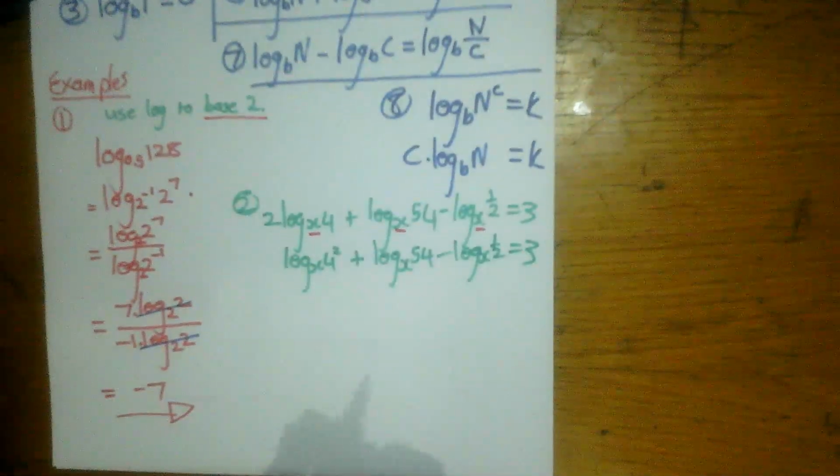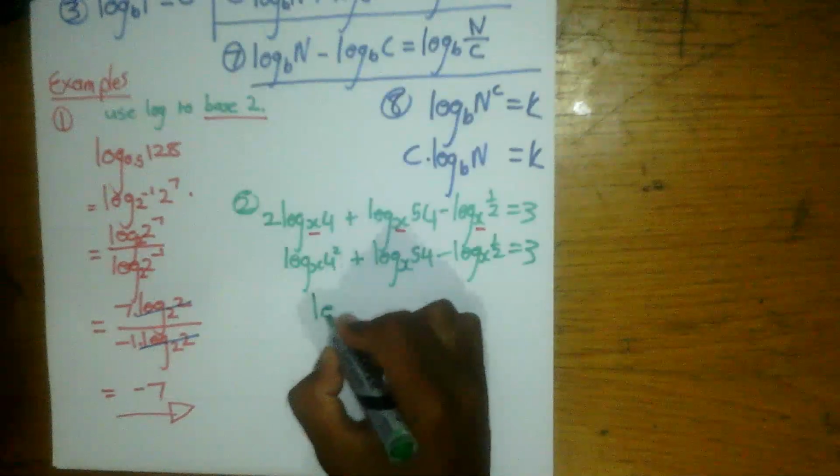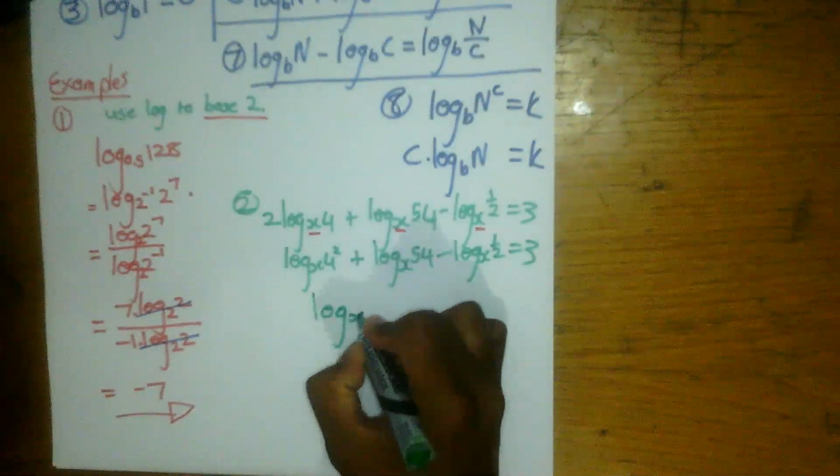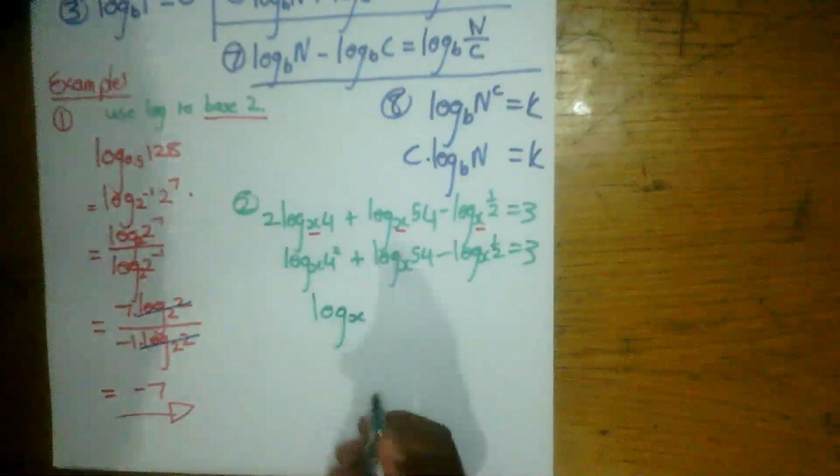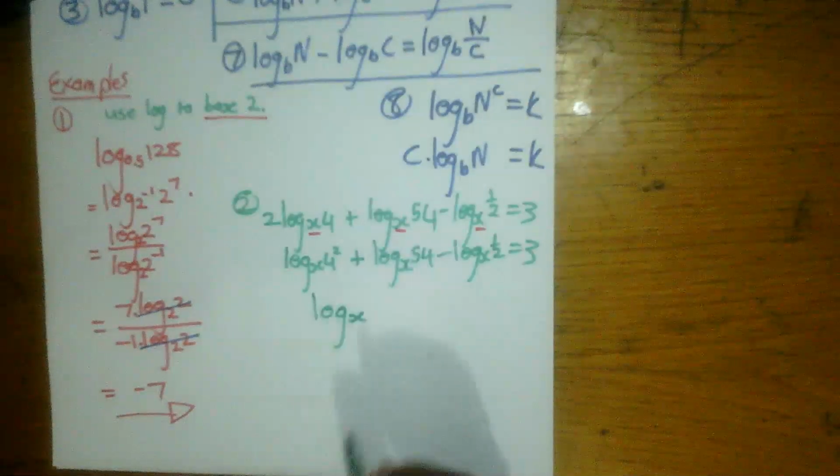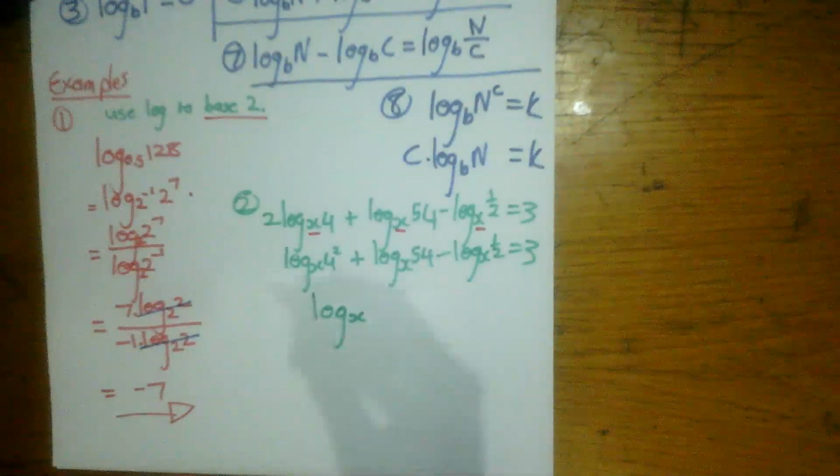Okay, so how we do this now is we write the log and its base. And wherever it's positive, it goes to the top of the fraction.